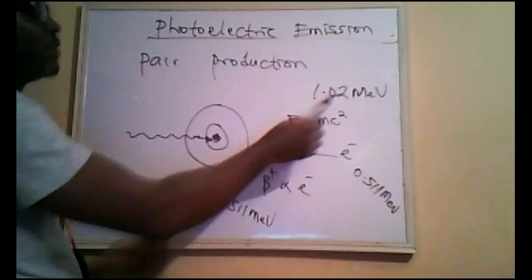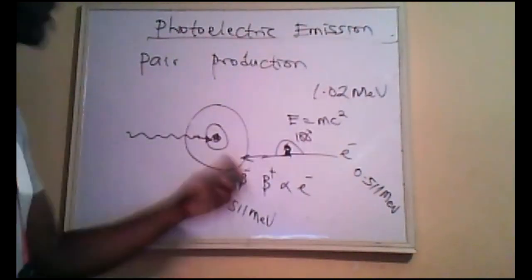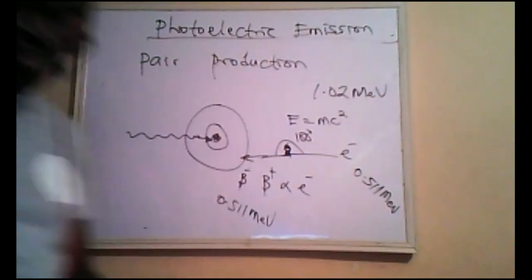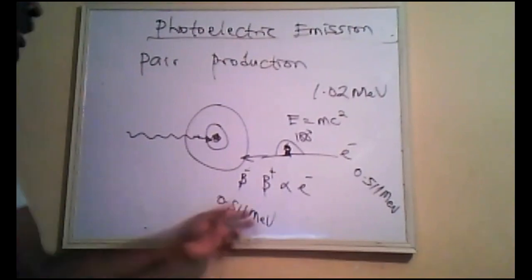If the energy is not up to 1.02 mega electron volts, we can never have pair production, because we cannot have an electron whose rest mass is less than this.